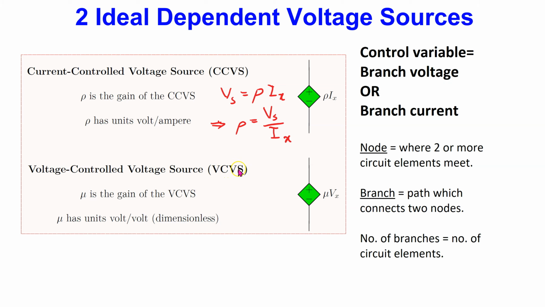For a voltage-controlled voltage source, the controlling variable Vx is a branch voltage, meaning Vx is the potential difference across some circuit element that is part of the circuit to which the dependent source is connected. The multiplying factor mu is a ratio of two voltages, so it's dimensionless.